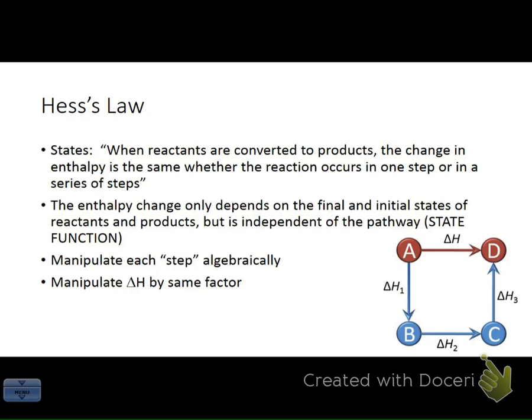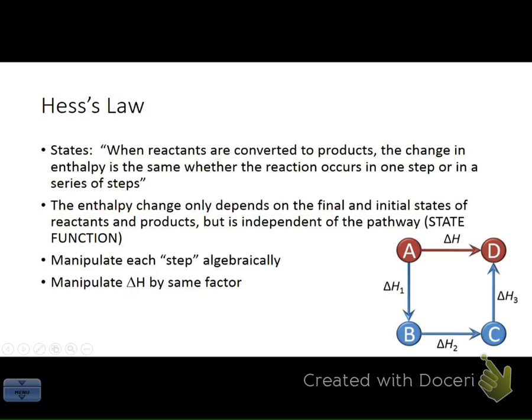Hess's law states that when reactants are converted to products, the change in enthalpy is the same whether the reaction occurs in one step or in a series of steps. The enthalpy change only depends on the final and initial states. This is a restatement of what we've learned about state functions. Enthalpy is a state function.